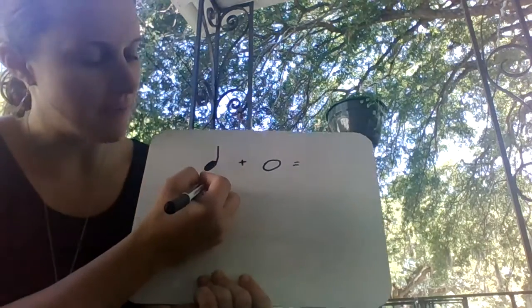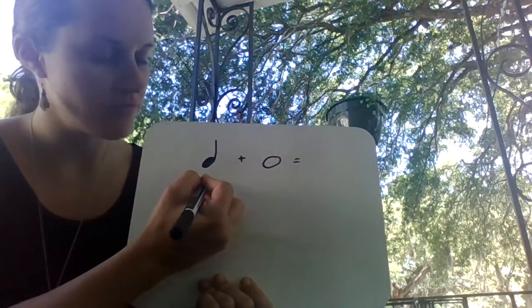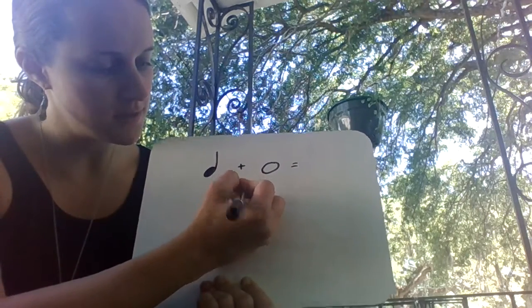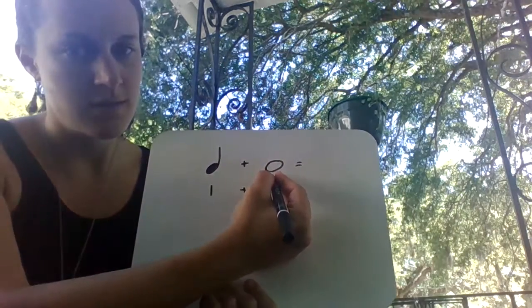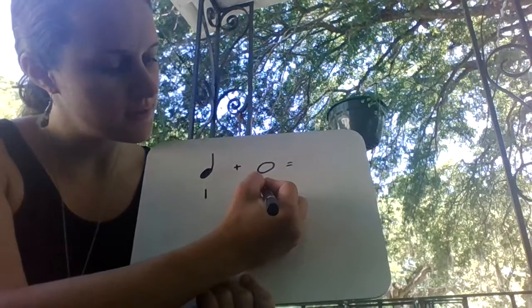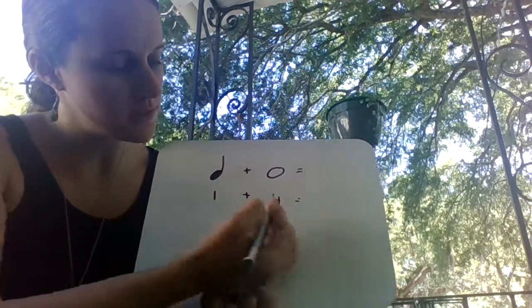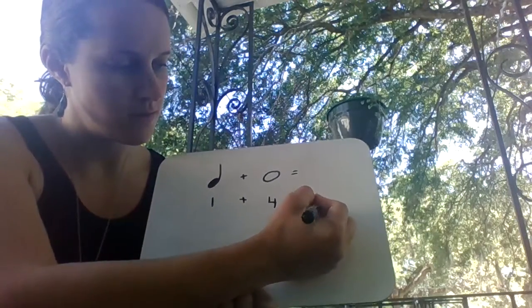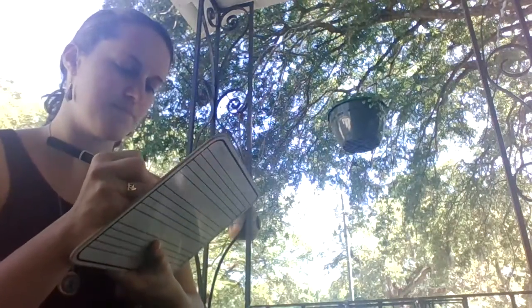So how many beats is a quarter note worth? 1 beat, plus 4 beats, equals 1 plus 4 equals 5 beats.